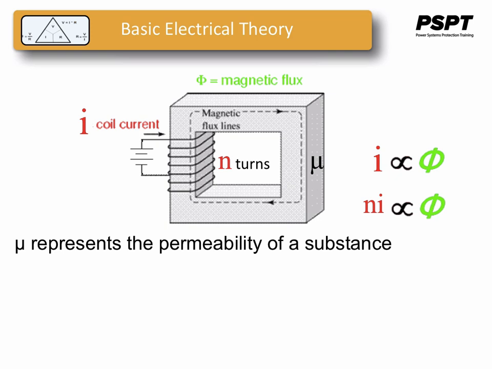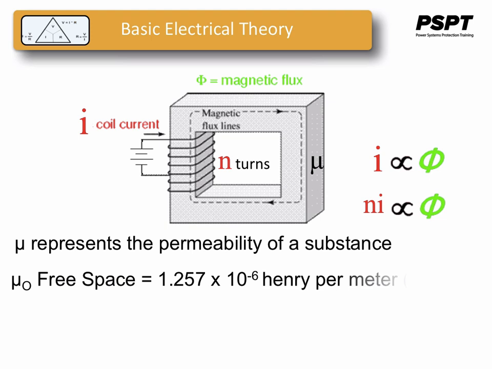Magnetic permeability is typically represented by the Greek letter mu. Permeability, also called magnetic permeability, is a constant of proportionality that exists between magnetic induction due to the current flow and the magnetic field intensity, or the amount of flux that will be produced.